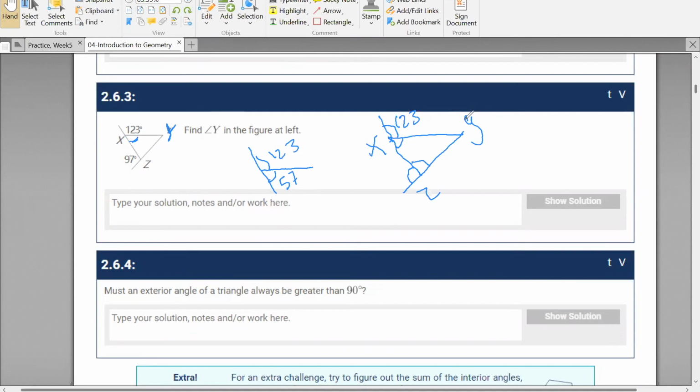So we are looking for the angle Y. See here, if this is, as we said, 57, pay attention that this is 97. So we are looking for Y.